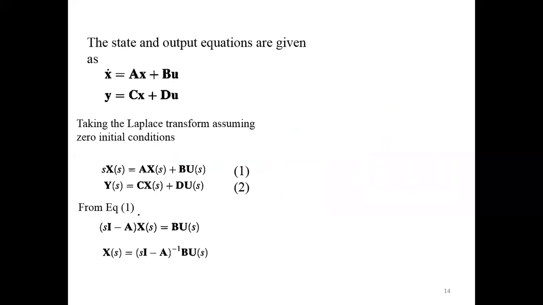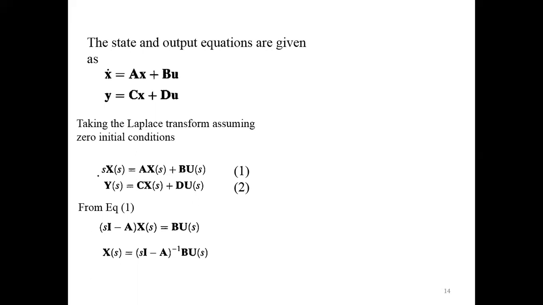From equation 1 we want X of s, and we want the input U of s. So output over input: from here we will get the value of X of s. We will place this value here, and then output over input will give us the transfer function.